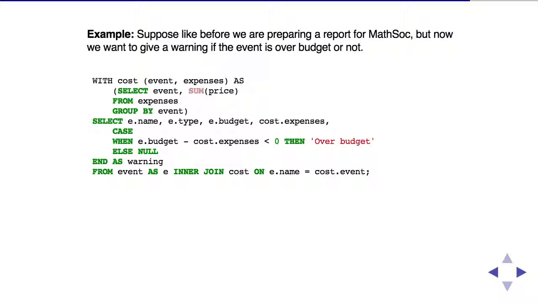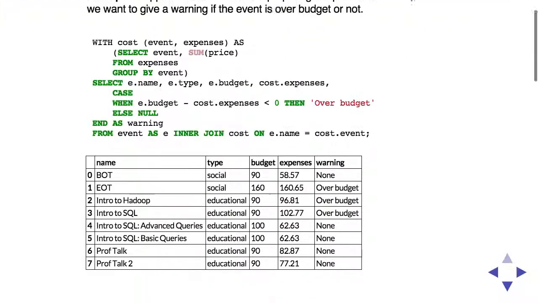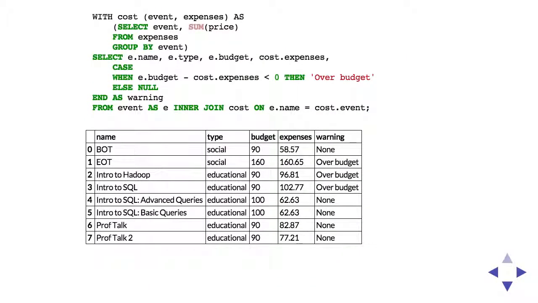Otherwise, just give a null value and end it as a warning. So if we join that up with cost or cost event, we would get something like this, where it shows what kind of budget we have, and if it's ever over budget, even by a slight amount, it gives a warning of over budget. Otherwise, it does nothing.